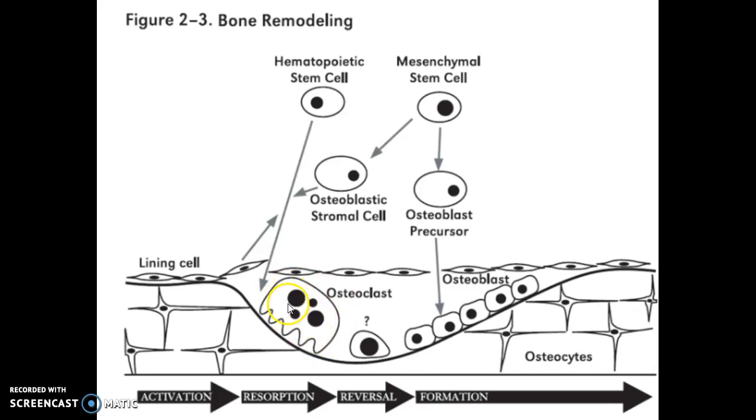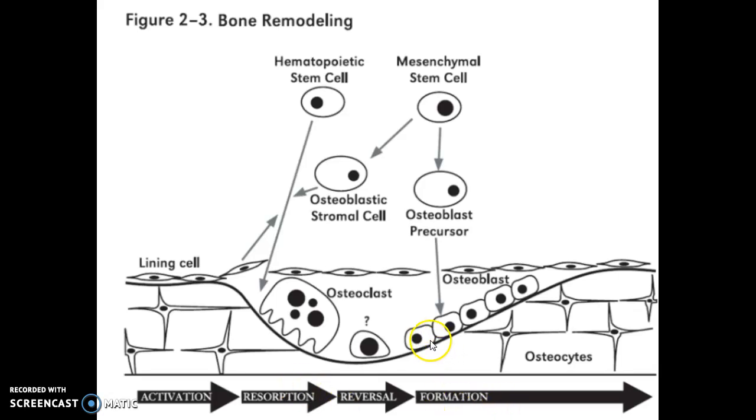So this guy here is the osteoclast, and it comes in and it secretes enzymes, and those enzymes break down old bone, and the bone is going to be on the surface. It breaks it down, and so here you have resorption, and then you have formation.